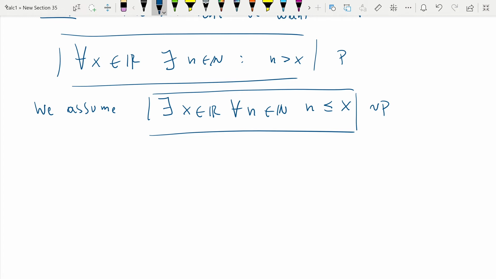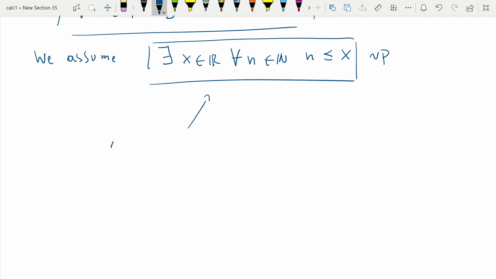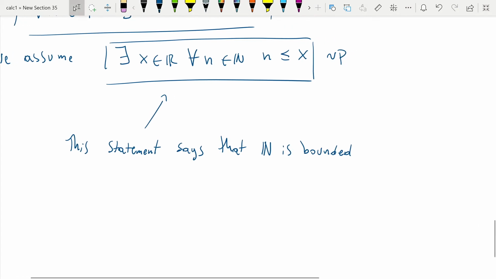But this statement is saying that N is bounded, and we don't need that we're actually given an upper bound.